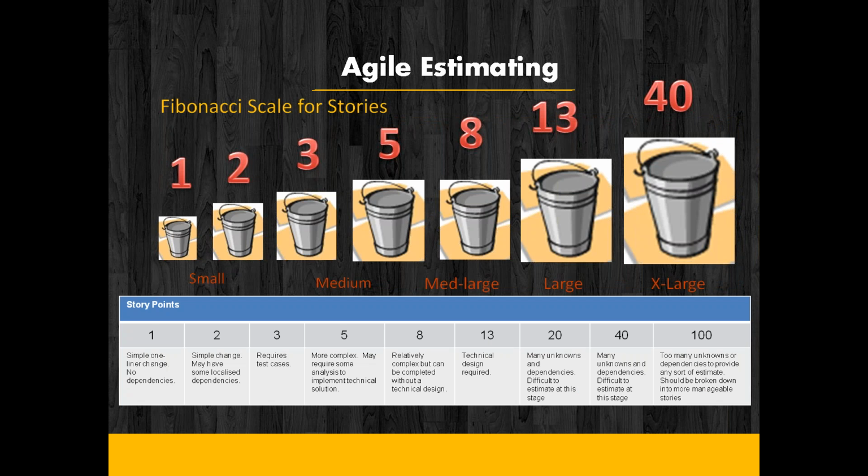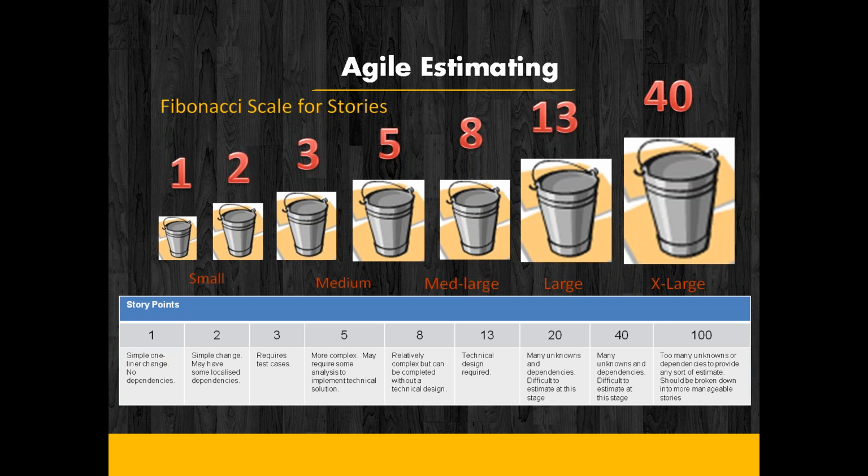So for example, if you have one task which is very simple, only a one-line change, and there are no dependencies, then you can assign it story point 1. And for example, you have another task which is more complex. It requires some analysis on implementation and various other setups or additional work to complete that particular requirement.